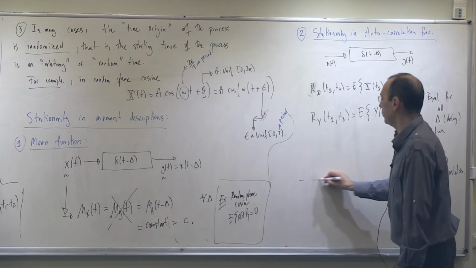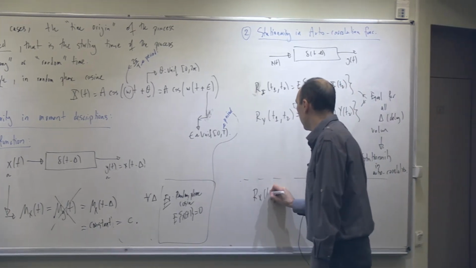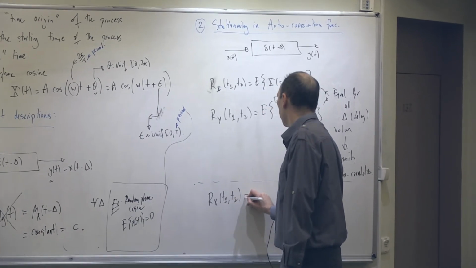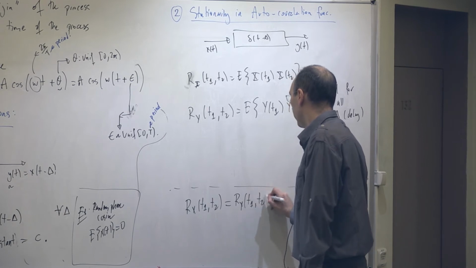Okay, so this is the definition. So how can they be equal? Let me think about it. The first one is Rx(T1, T2). This one is Ry(T1, T2).